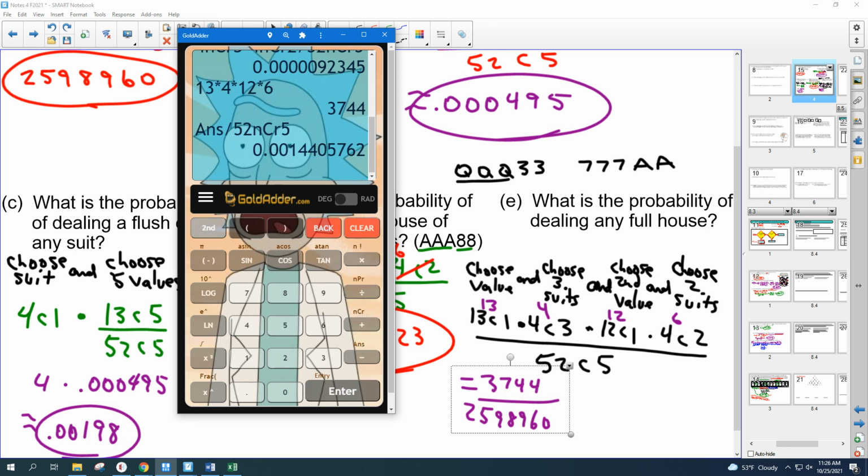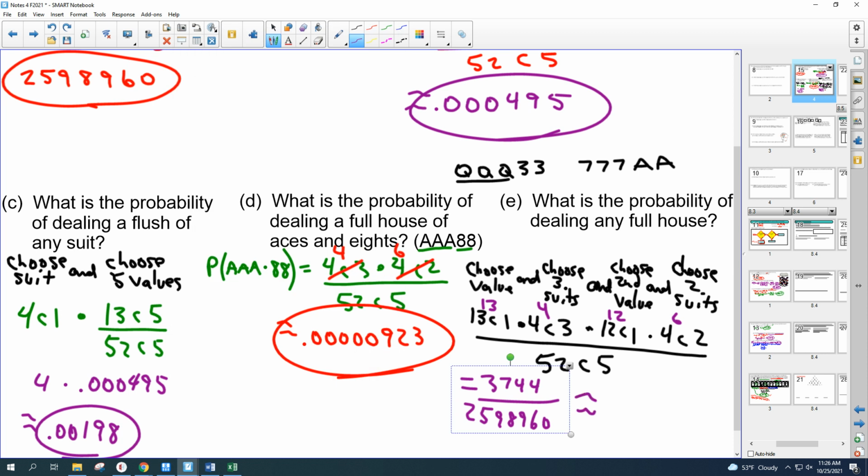We end up getting 0.00144. Again, the question always comes up, how many decimals do you want? And usually I like 4, unless maybe 4 isn't descriptive enough. Maybe throw on 5 or 6 or whatever you think is descriptive enough.